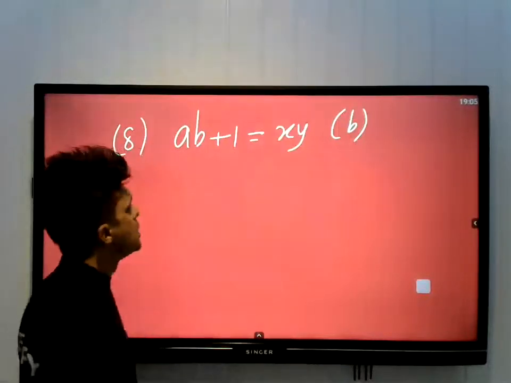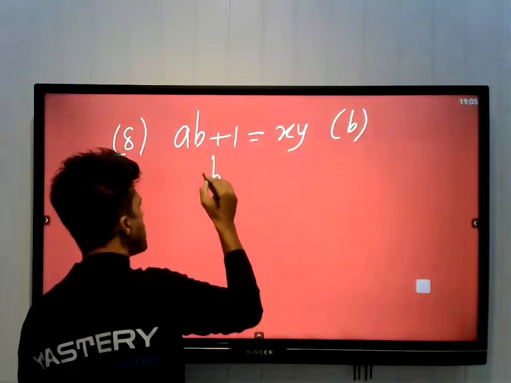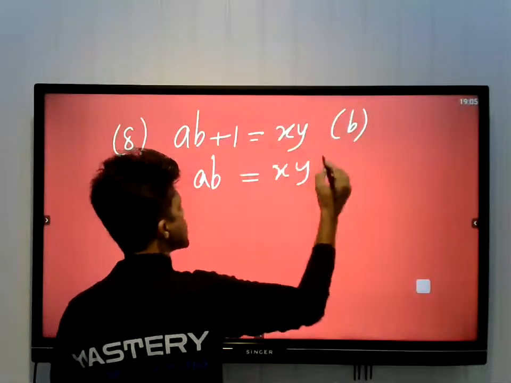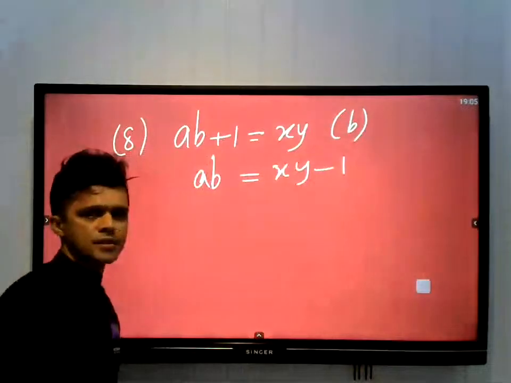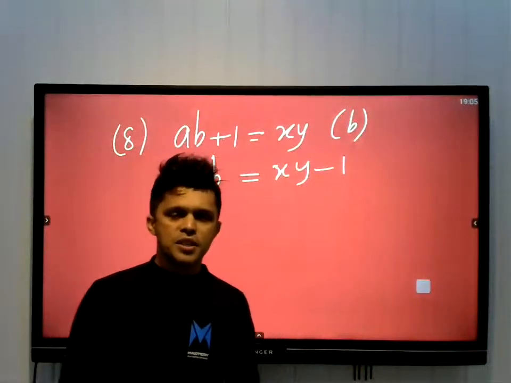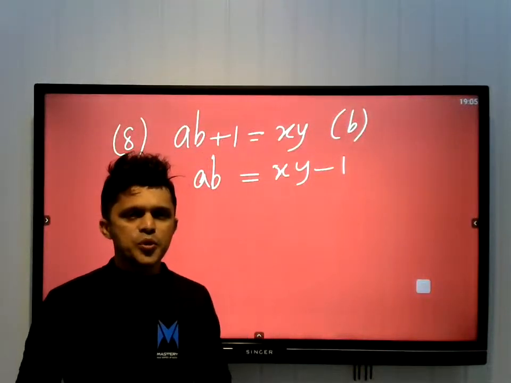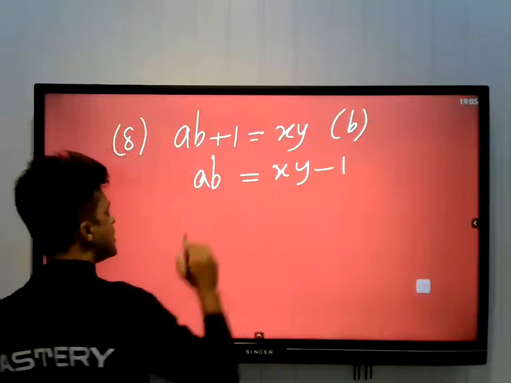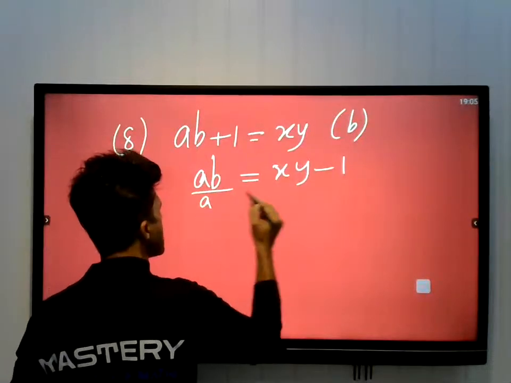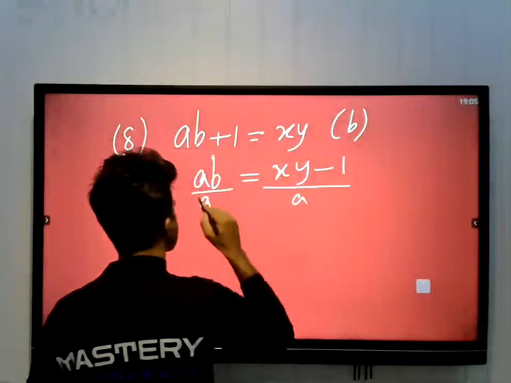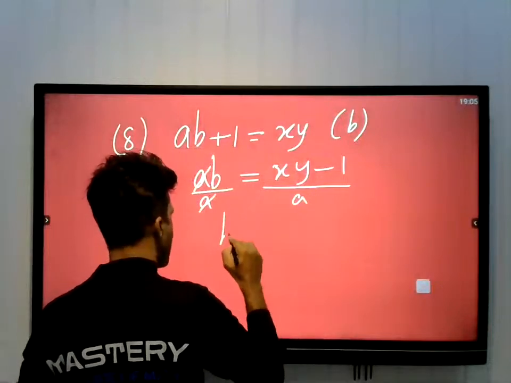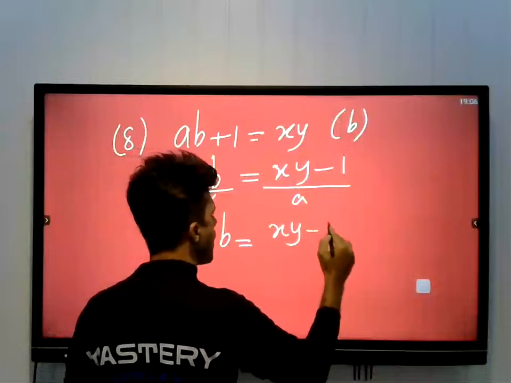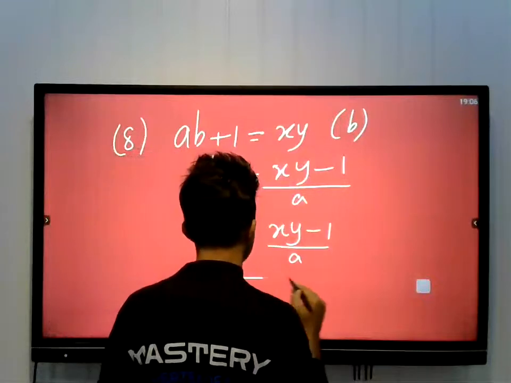AB equals xy, plus 1 becomes minus 1. Right now, you could see here AB means A into B. Therefore, both sides are divided by A. So A and A can be cancelled. B equals xy minus 1 over A.